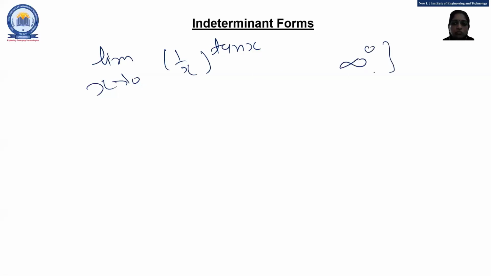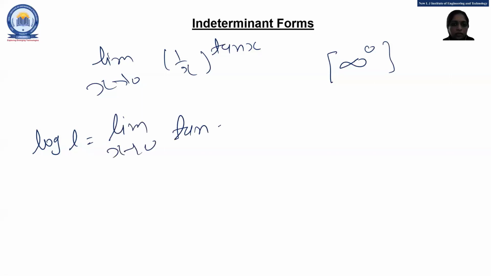Let's move with one more example, that is limit x tends to 0, (1/x) raised to 10x. Students, this is the form of infinity raised to 0. So for the solution of this, if I take log both the sides, limit x tends to 0, 10x log(1/x).